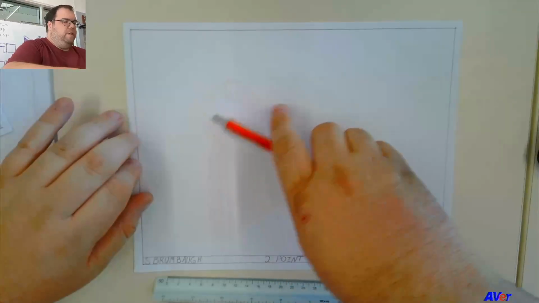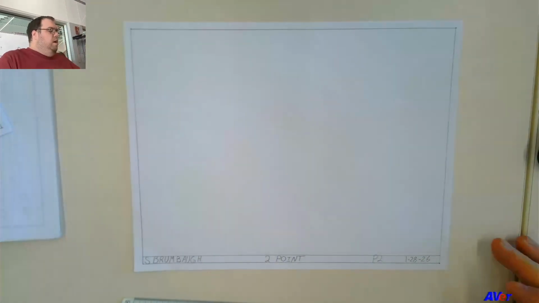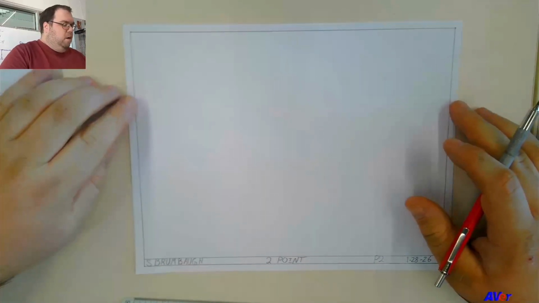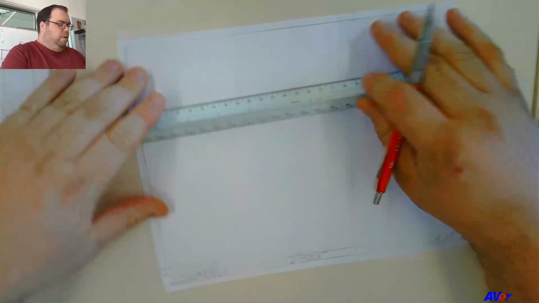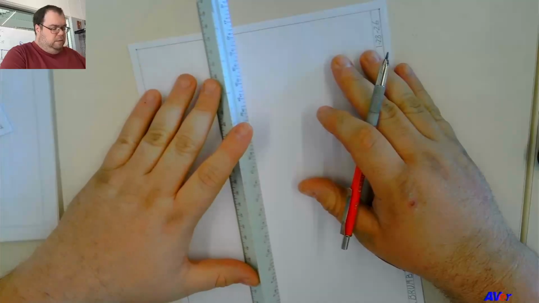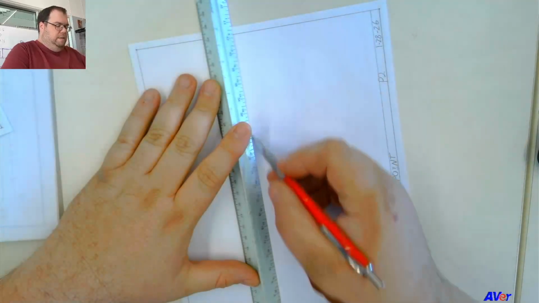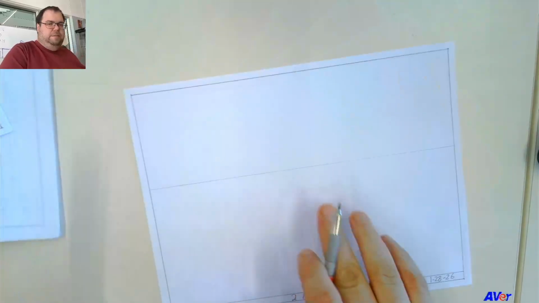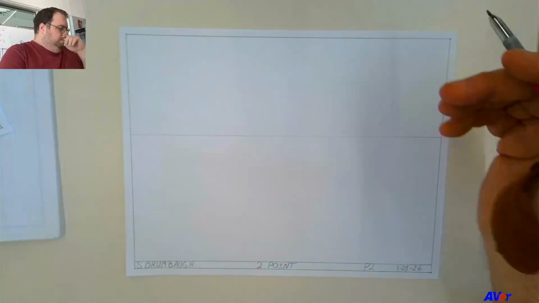All right, now that we have our title block in place, let's put our horizon line in. We're going to go somewhere just about center, maybe a little above the page center, and we're just going to put a light line straight across, just like we did last class, just like that. This is our horizon line.